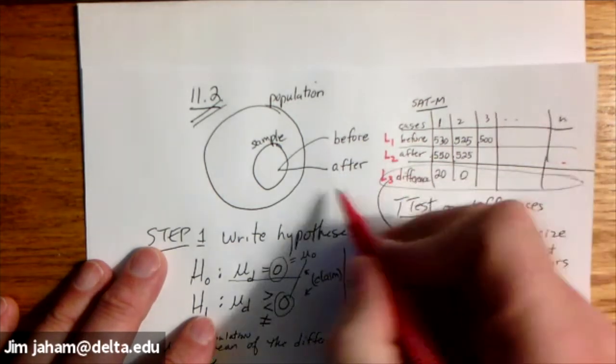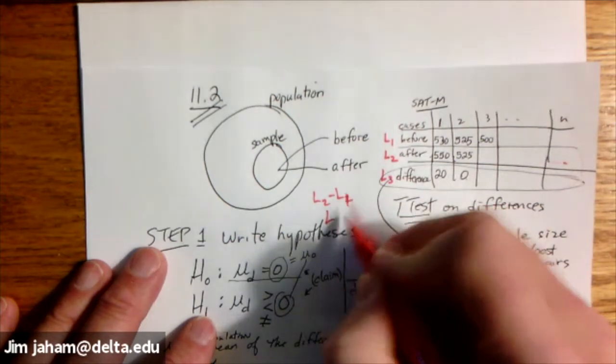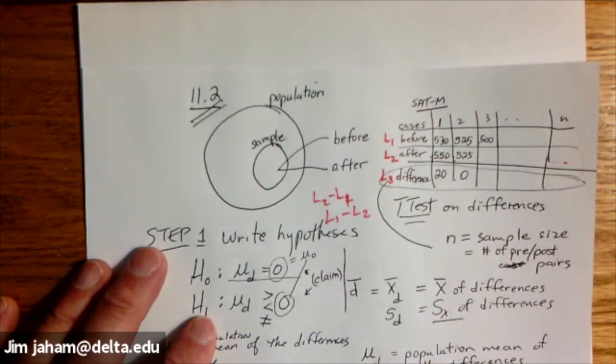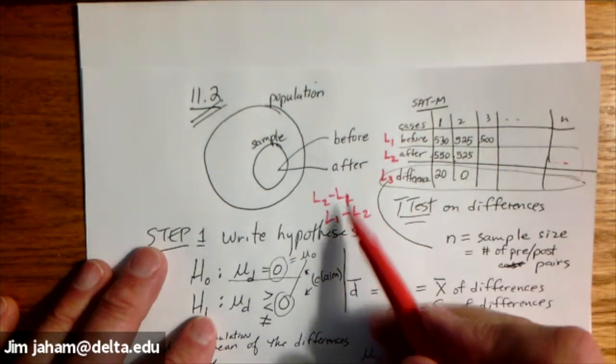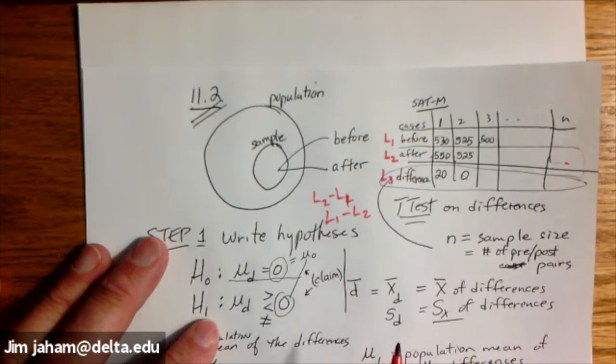Now you can decide whether you want to take L1 minus L2 or L2 minus L1, one or the other. And then depending upon the way you subtract, that will be directly related to what sign you put here in the alternative hypothesis.